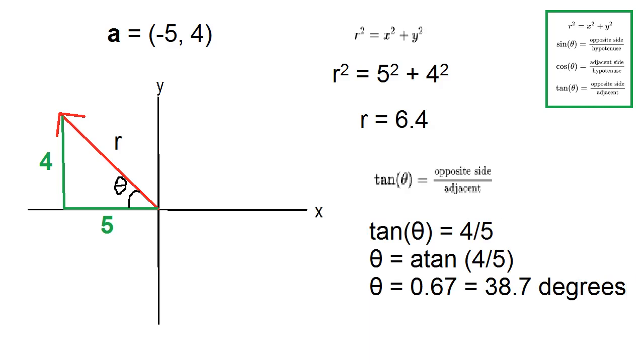Now, with that being said, we can put this all together if we were to write our vector quantity. So vector A here is going to be equal to the magnitude of A, which is roughly 6.4. And as for the direction, we need to do a couple of things. First of all, we need our reference direction, or the direction that our angle touches or starts from. This direction, of course, is to the left.